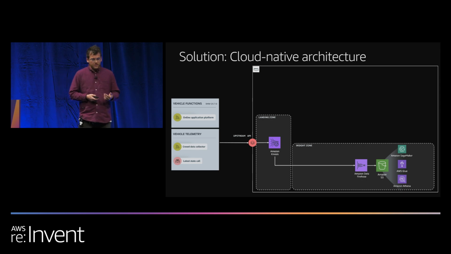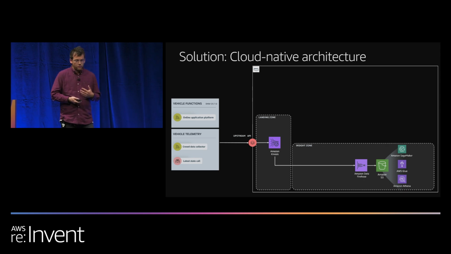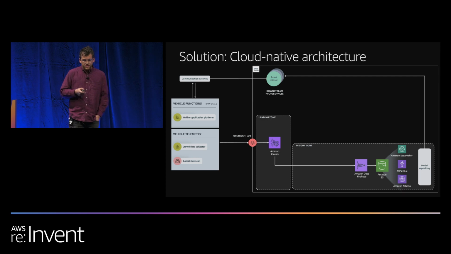We can use AWS Glue for ETL workloads, or we can query the data with SQL via Athena. And especially for machine learning workloads, we also save the model metadata in a dedicated model repository in DynamoDB.